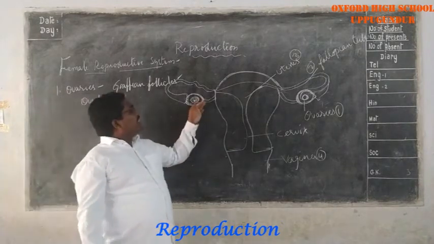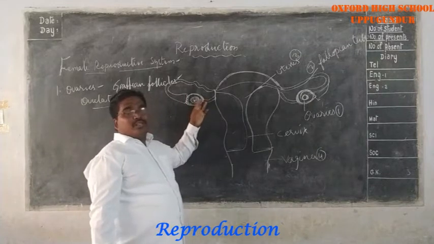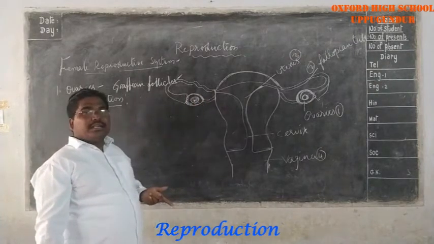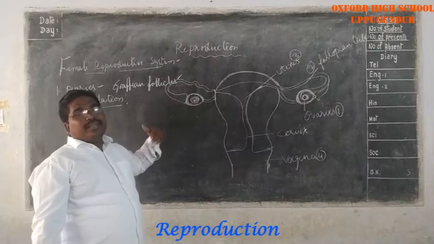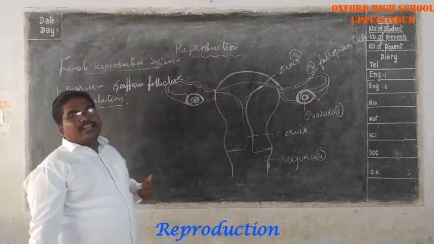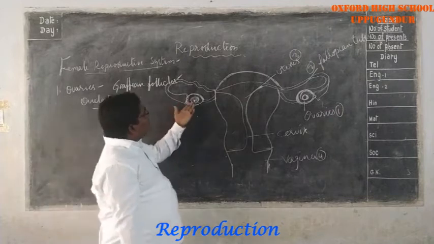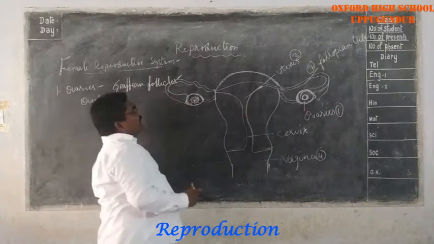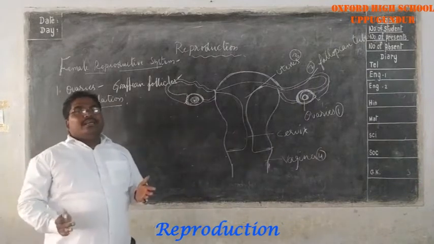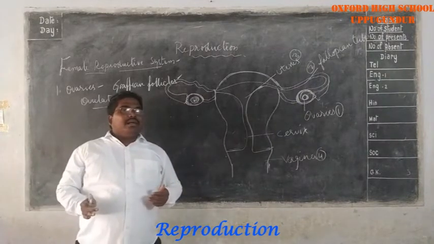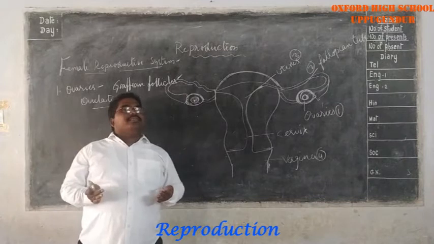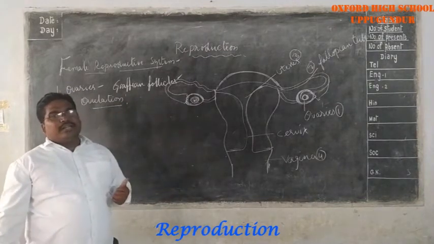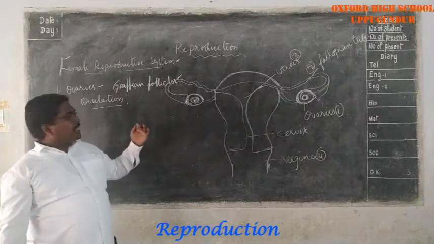When a follicle grows, it develops a cavity filled with fluid, and the ovum develops by meiosis. When the ovum is matured, the follicle ruptures at the surface of the ovary and flushes out the ovum. This release of the egg is called ovulation. So that is about the ovaries.